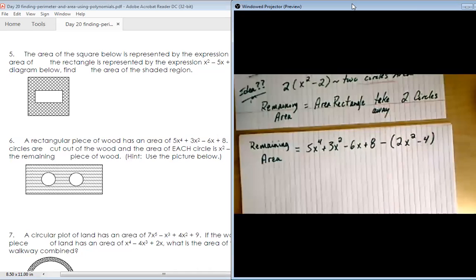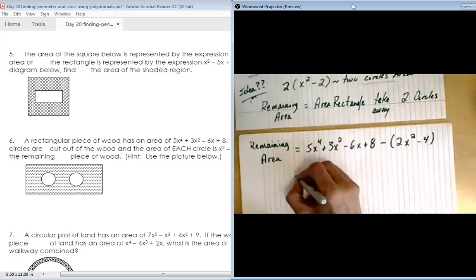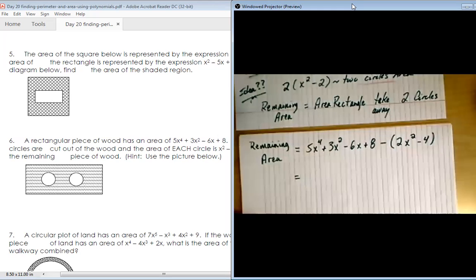It won't work then. So a couple steps to go. Wait a second. What am I doing? I think I was going to stop at the area and I forgot. So multiply the minus. Yeah, the minus goes in. What happens?